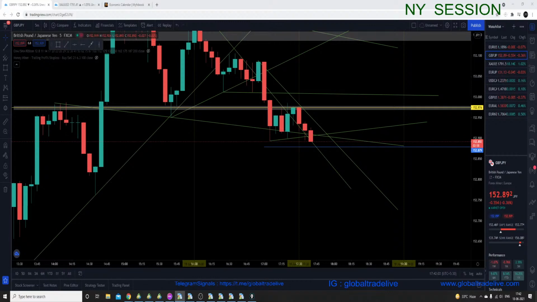Okay, I think it's the time now. If this now breaks, if it has broken the lows over here again, and once it breaks the price 152.879, I'm going to take a sell. So 2 minutes left.